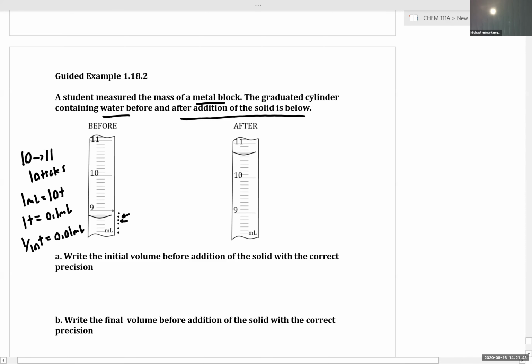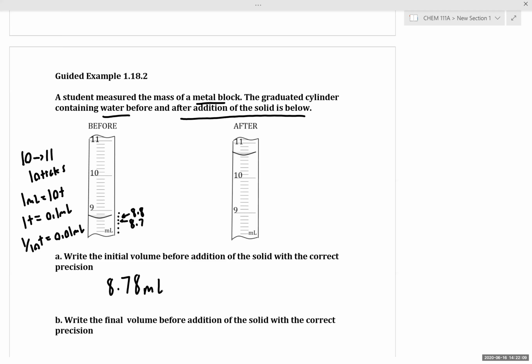The third mark from the top is about 8.7. This next mark is about 8.8. So I'm going to estimate my volume, writing down my certain digits of 8.7, and then I'm going to estimate an additional digit, in this case 8.78 milliliters.